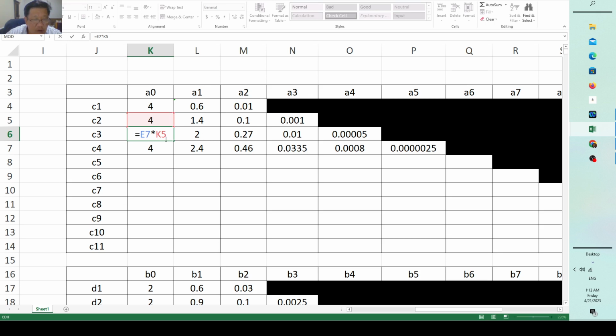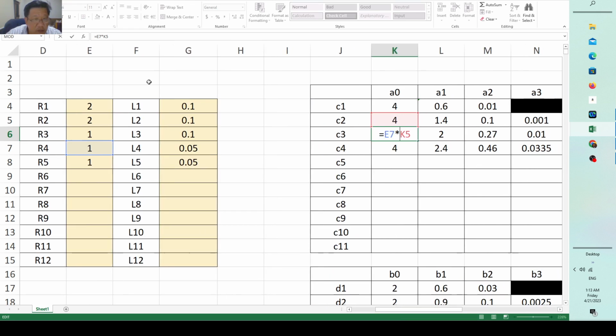This one with AO, I forgot the star notation over here, based on what we said in the lecture. This one E7, the element referring to E7, is going to be R4 times K5. K5, you know this value is R1 times R2 times R3.